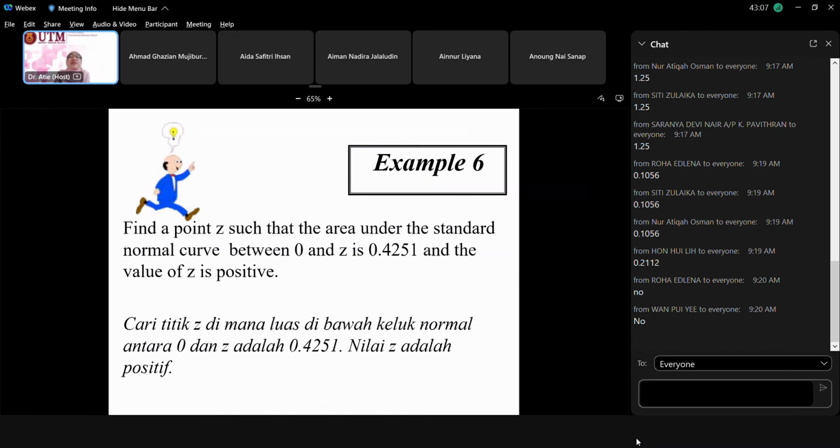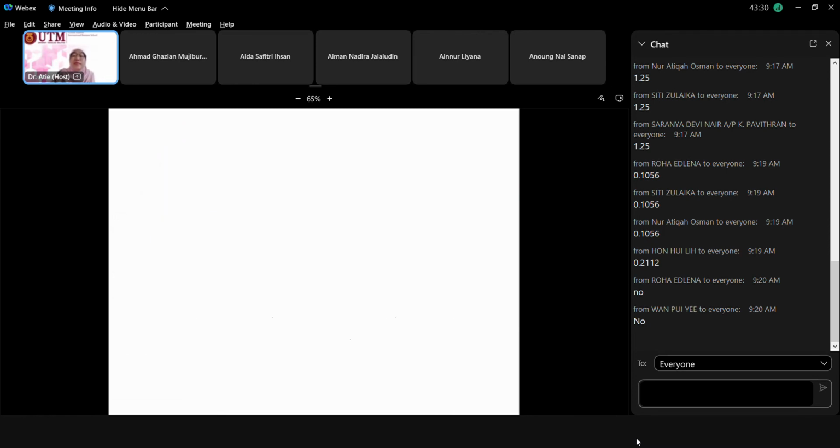So example 6. Find a point Z. So we just need to find the critical value, such that the area under the standard normal curve between 0 and Z is 0.4251. So we need to find what is actually the value of Z. So this time we are given the probability first.